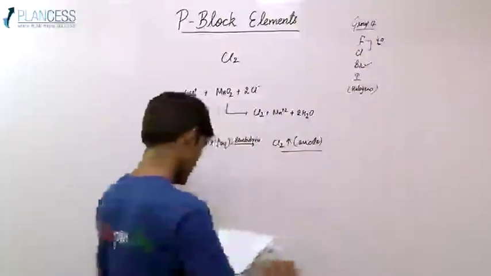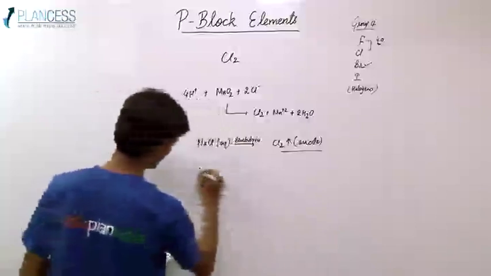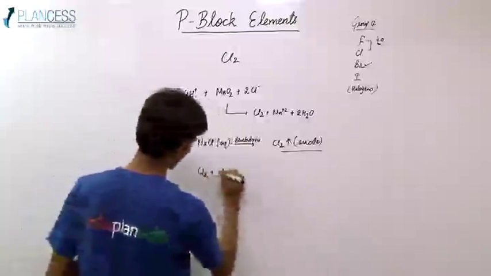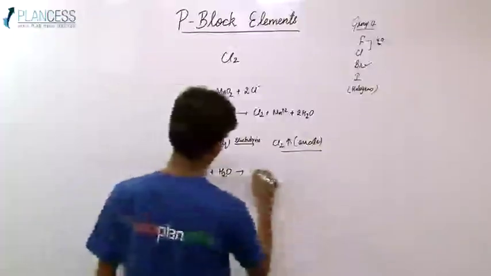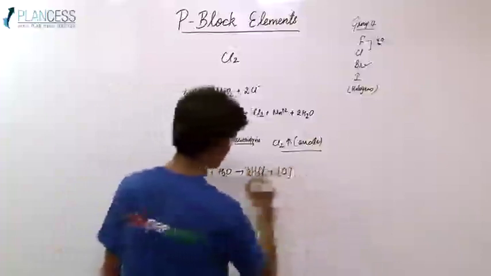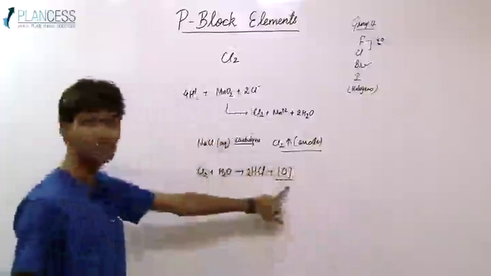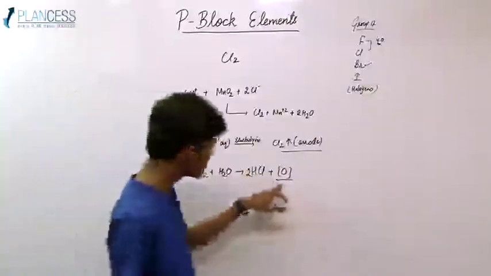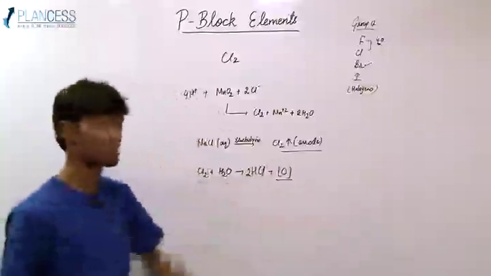It also shows bleaching action, because when Cl2 reacts with water, it forms HOCl and HCl, and that O is nascent oxygen. Because of the nascent oxygen, it acts as a bleaching agent, and this bleaching action is permanent.